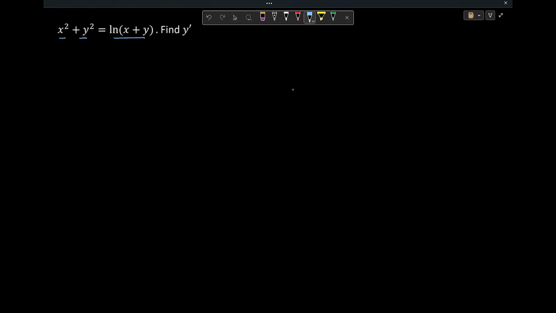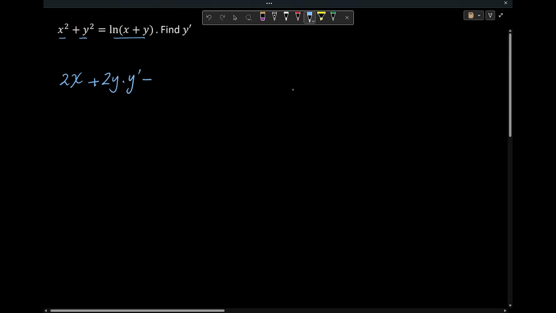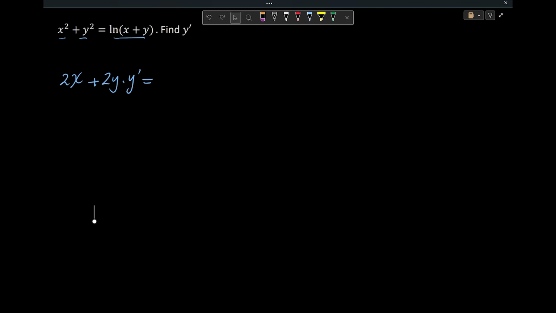So what's the derivative of x squared? It's 2x plus the derivative of y squared. Again, y is a function of x. So it'll be 2y, the generalized power rule, y prime, equals ln of x plus y. It's the ln of a function of x.